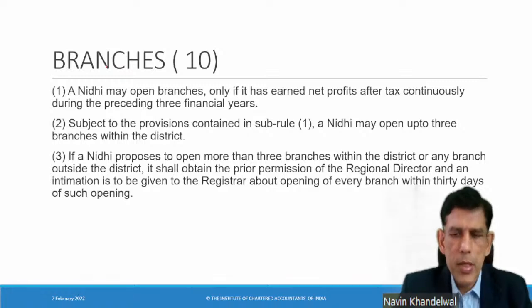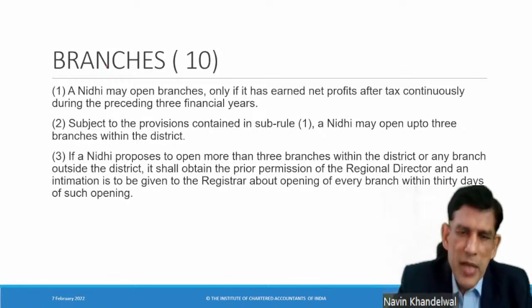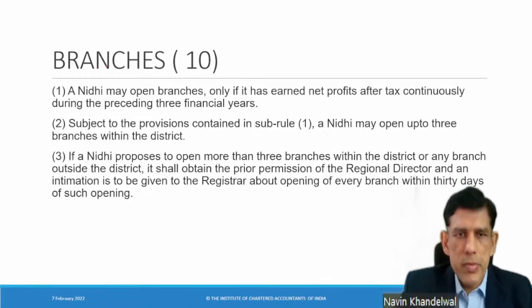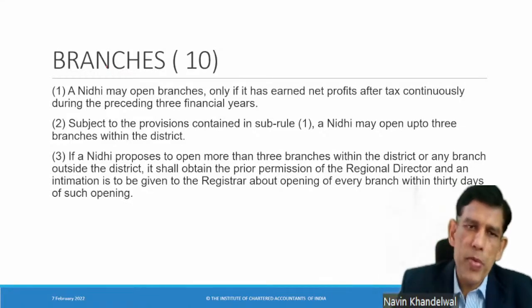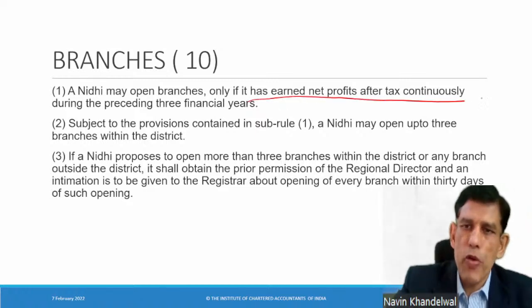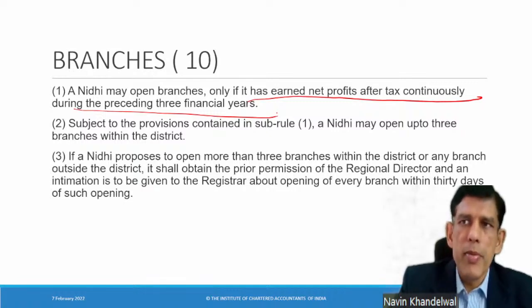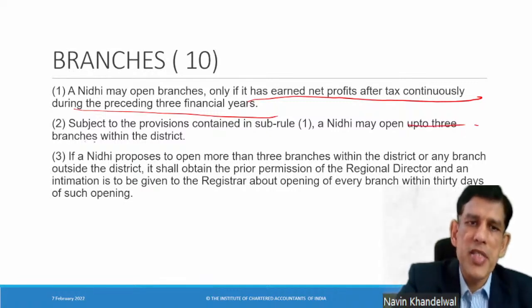Branches, yes. So how do Nidhi companies expand? Obviously, they can open up their branches. And the condition for opening branches is that if it has earned net profits after tax continuously during the 3 preceding financial years, they may open 3 branches within a particular district.